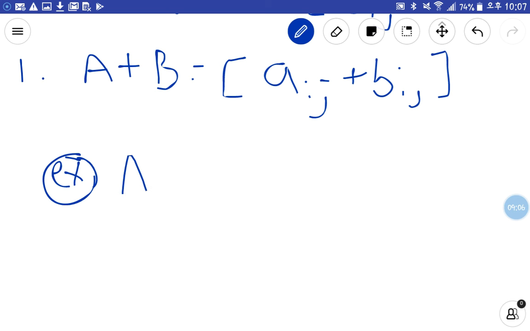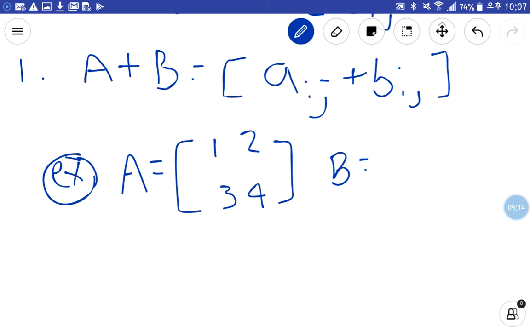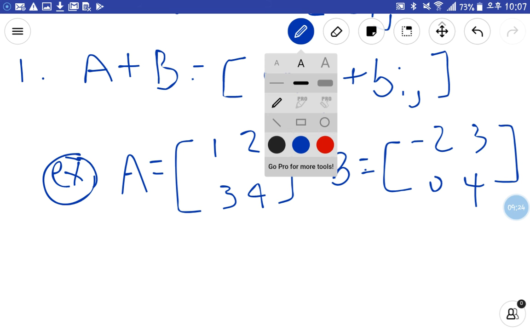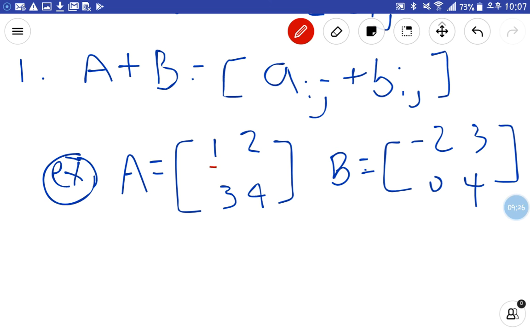So my A, let's say, is 1, 2, 3, 4. Okay? And then my B would be -2, 3, 0, 4. All right, then I want you to add them up. Same locations, you're going to add those numbers together.